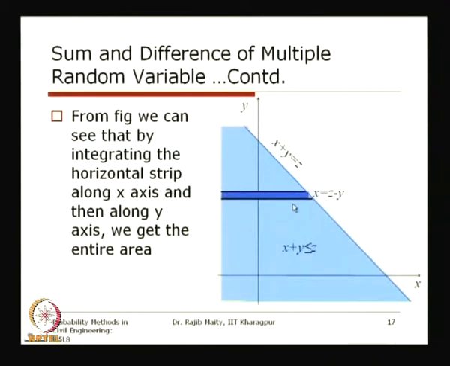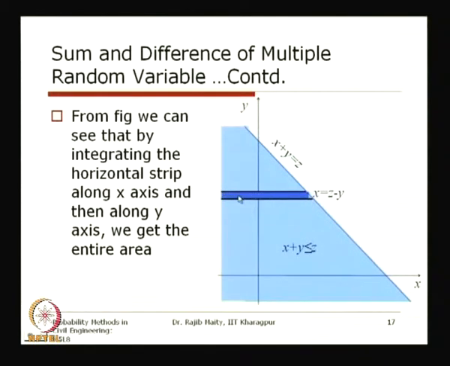Now, this obviously is with respect to continuous random variables, and if it is discrete, then in this shaded area, whatever the points are, points meaning the combinations of xi and yi, we have to add up. So, now there are two possibilities. You can take a strip like this.